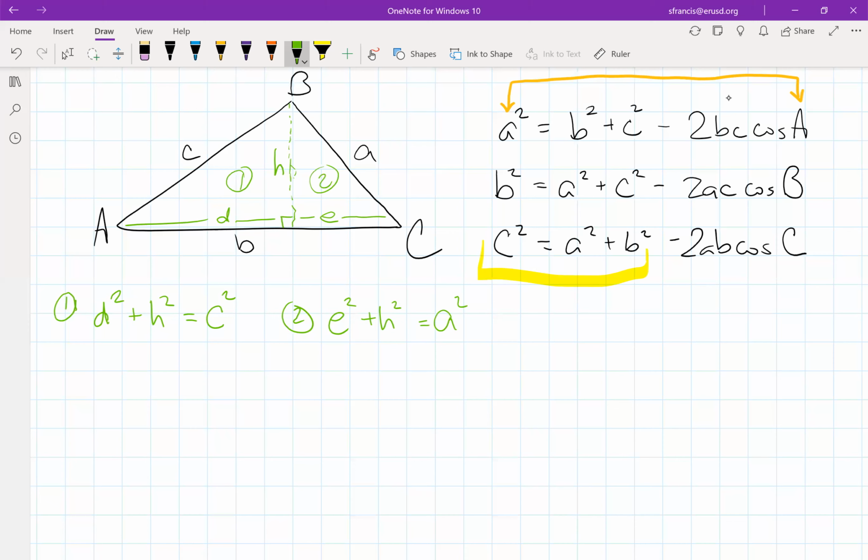If you notice, in both of these expressions we have h squared specifically. So let's solve both of those equations for h squared and see what we can do. Here, h squared is going to be c squared minus d squared, and over here, h squared is going to be a squared minus e squared.